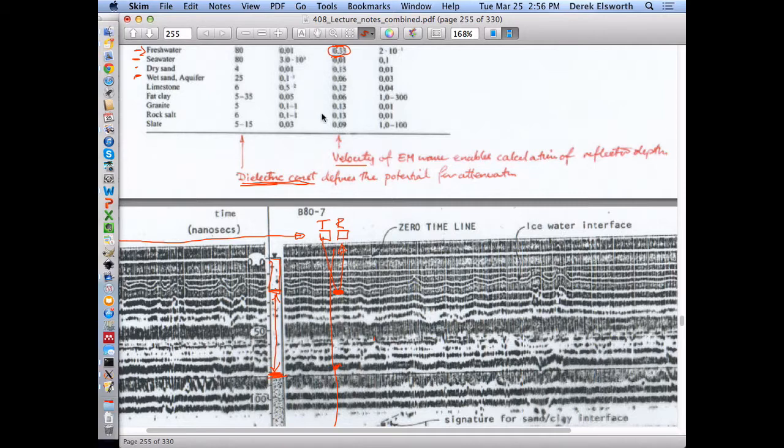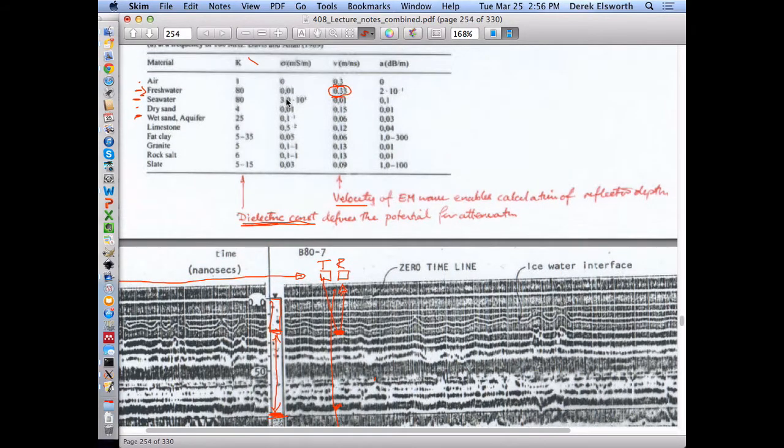That's how it works. And so you know this one is 80 nanoseconds for two-way travel. If you think it's going through ice, then water, then you can figure out what the magnitudes would be.